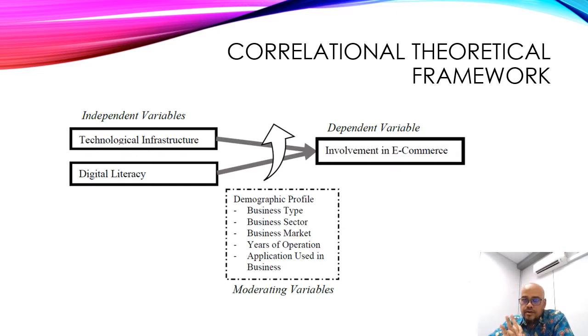This is the correlational theoretical framework where we are going to find whether the variables of technological infrastructure and digital literacy will affect the involvement of e-commerce among the Muslim SMEs in the state of Perlis. Technological infrastructure and digital literacy would be the independent variables, and of course involvement of e-commerce would be the dependent variable here.